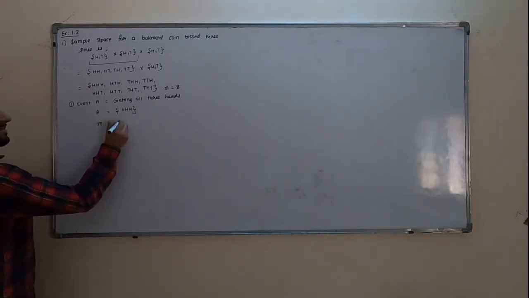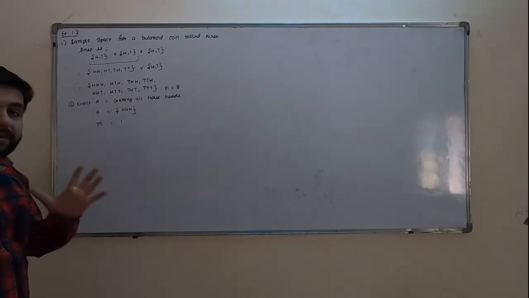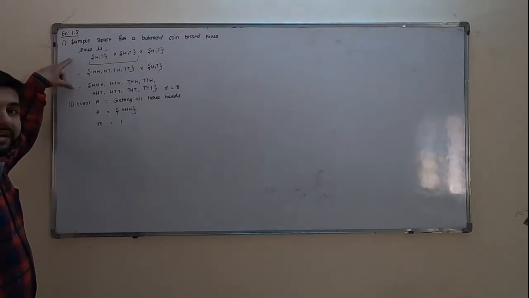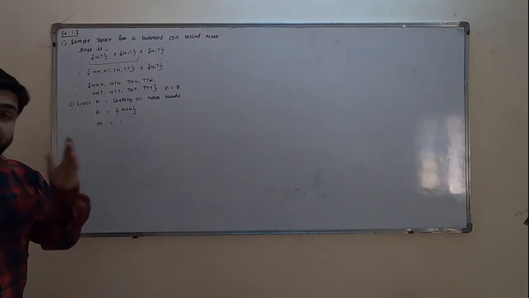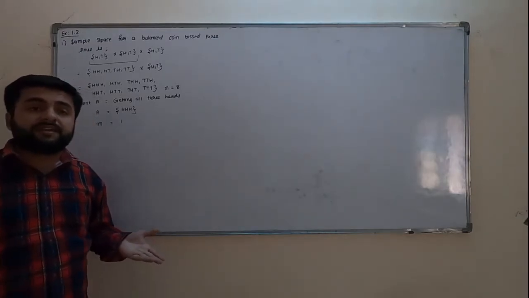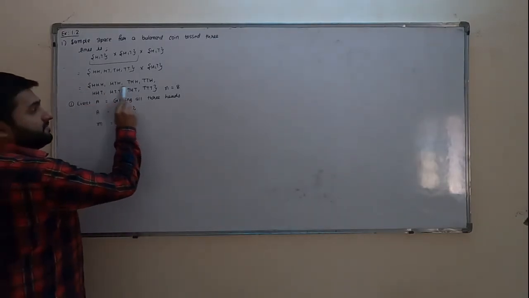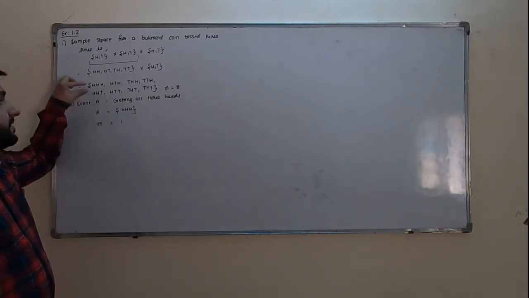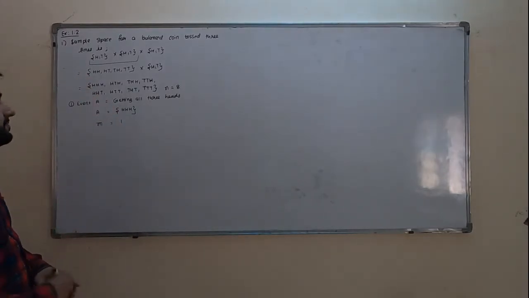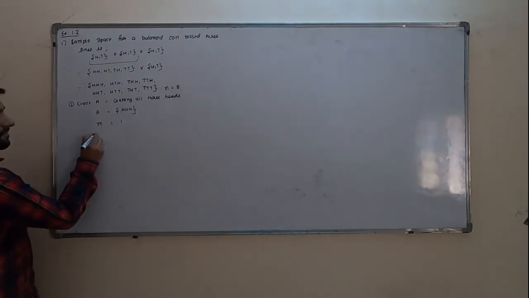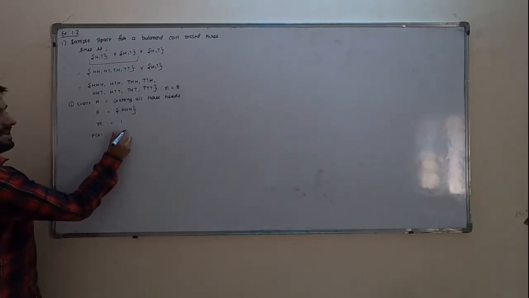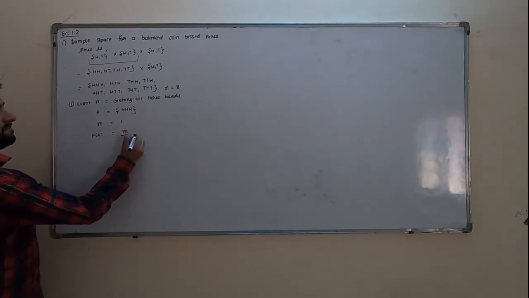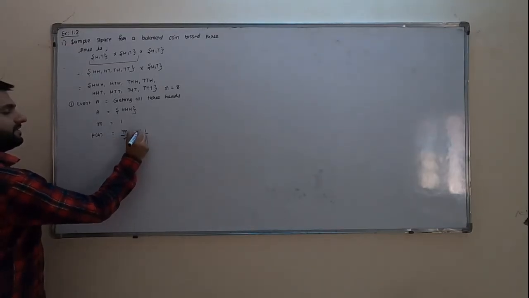Now favorable outcomes are 1. See, in 1.1 you only had to write the sample space and a set. Now in 1.2 you need to find the probability. So for that we have counted the elements. Only one element is having this triple H. So m is 1. So probability of event A as per the mathematical definition, m by n, is 1 by 8.